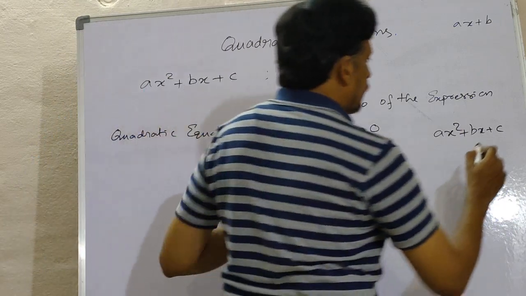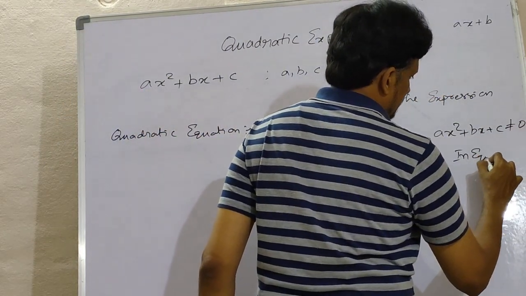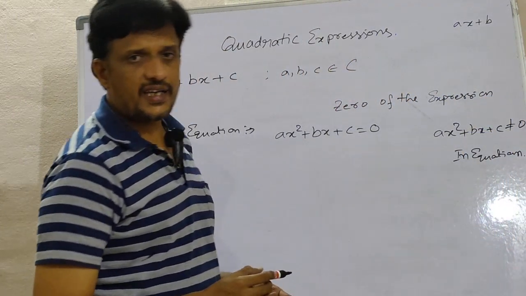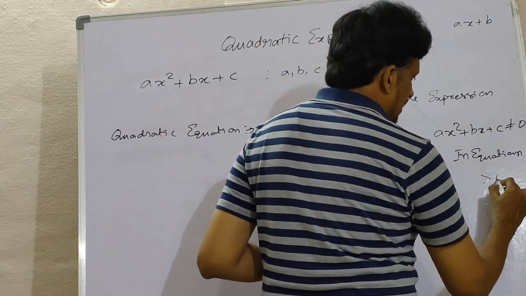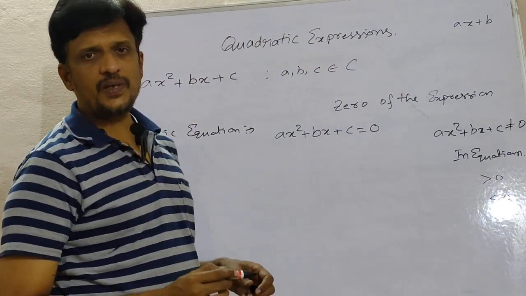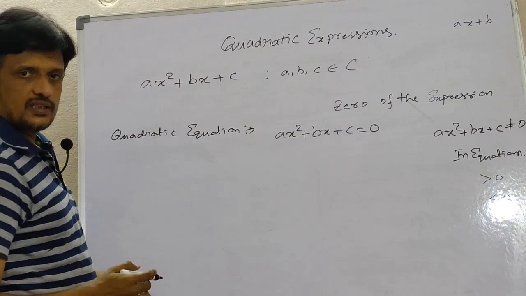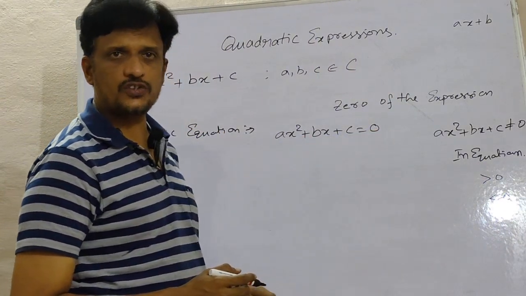If this is not equal to 0, then ax square plus bx plus c is just an expression or inequation. Quadratic inequation: it is not equal to 0 means two cases are there. It is either greater than 0 or less than 0. So two possibilities are there. Okay then, the quadratic equation is ax square plus bx plus c is equal to 0.